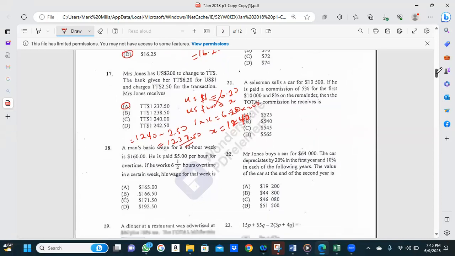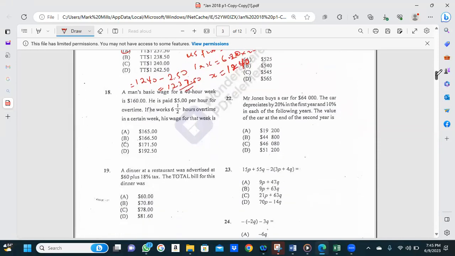All right, number 18. A man's basic wage for a 40-hour week is $160. He is paid $5 for overtime. If he works 6.5 hours overtime in a certain week, what will be the wage for that week? Anybody remember how to do this?